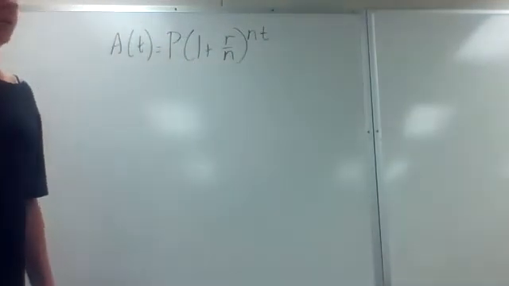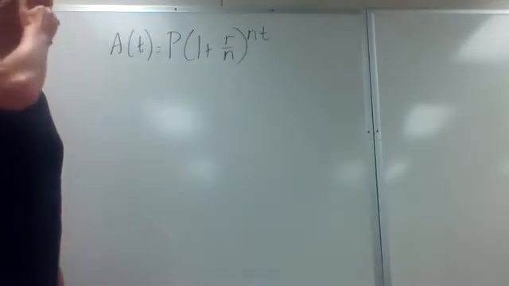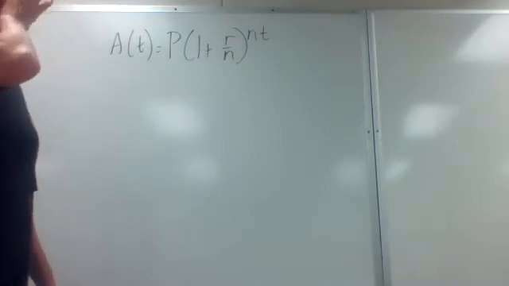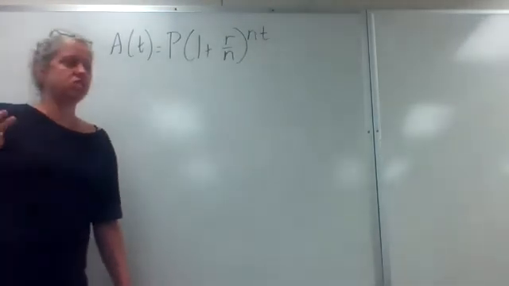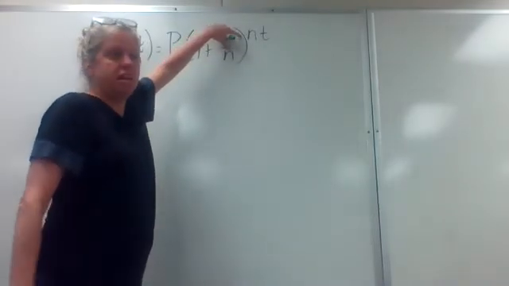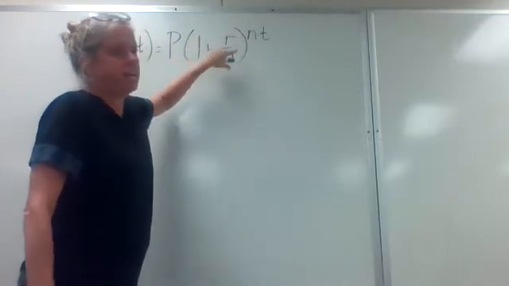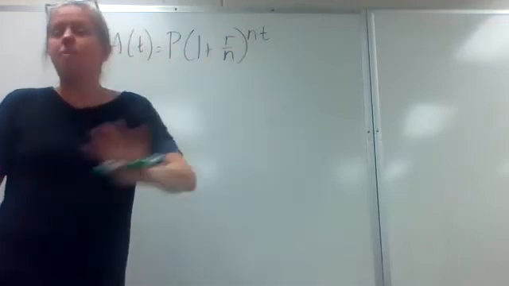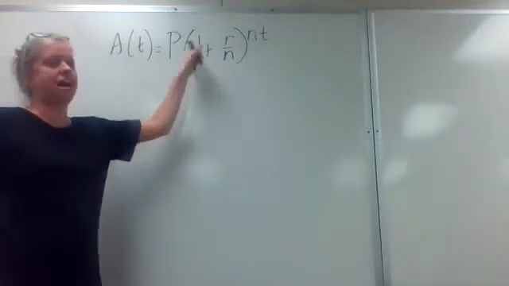Now, remember, we had 2 different kinds of formulas when we were talking about compounding. If it's compounded quarterly or semi-annually, you're going to use this formula and put the number of times it's compounded a year in the n spots. If it's compounded continuously, which we did later, that's when we use the formula that had the E in it.